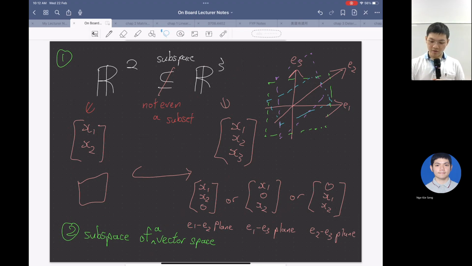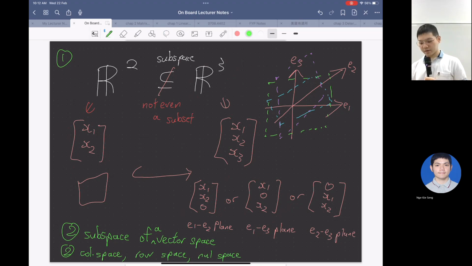Similarly for column space, row space, null space, of what? Of a matrix. We only learn for matrices for now. Actually, there's a definition for a general vector space, but for now we only learn for matrices.